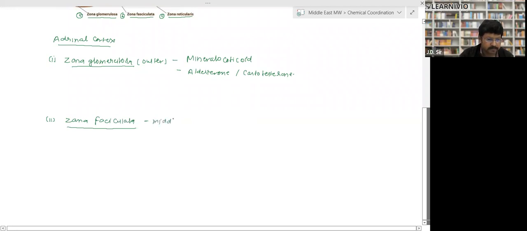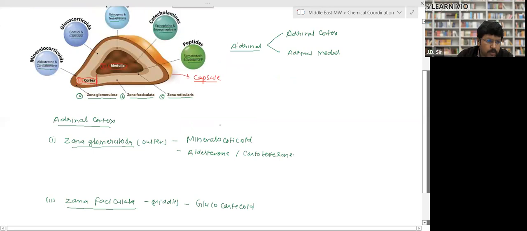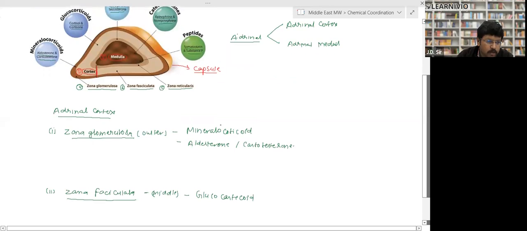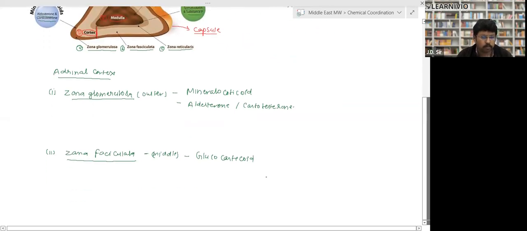It is the middle layer, and the group of hormones it secretes are known as glucocorticoids, right? Out of these glucocorticoids, cortisol and cortisone are the main hormones.